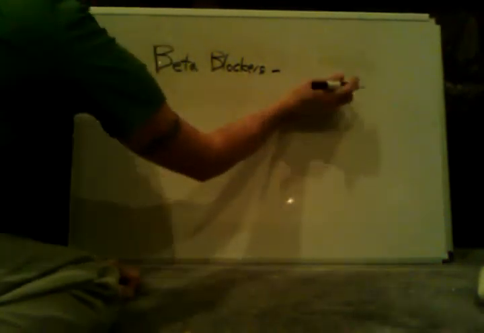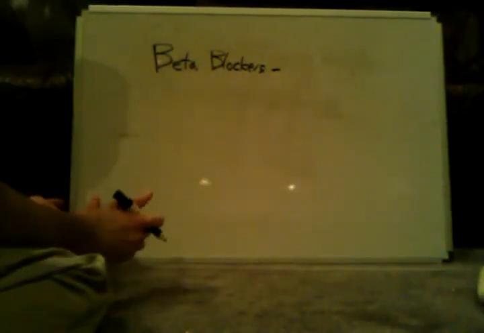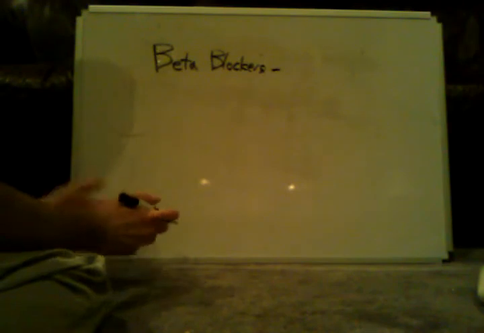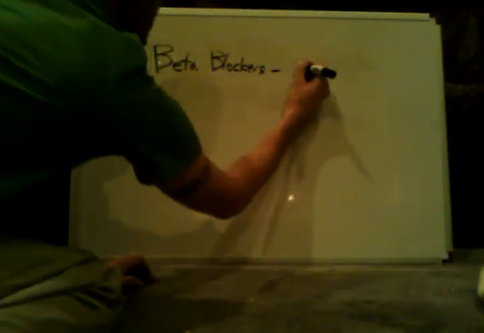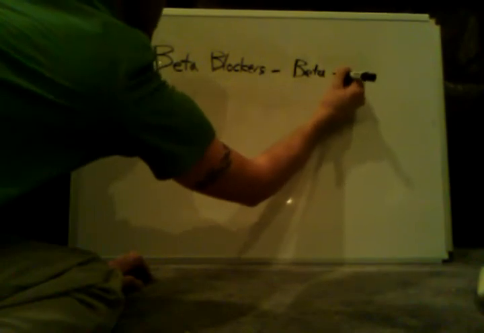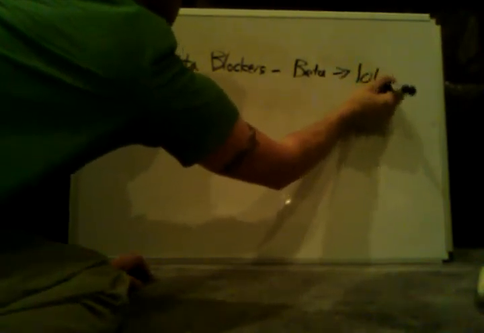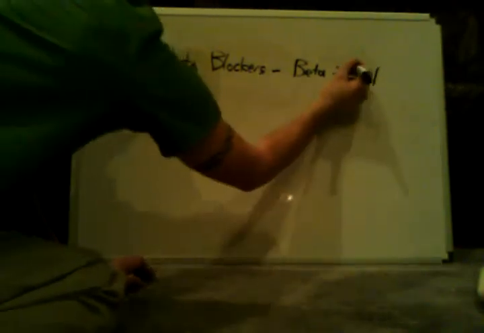And sometimes they're kind of ridiculous when they come out in beta stage because they haven't worked out all the bugs. So I think beta is funny. LOL, laugh out loud. Beta is funny. So beta blockers end in LOL.